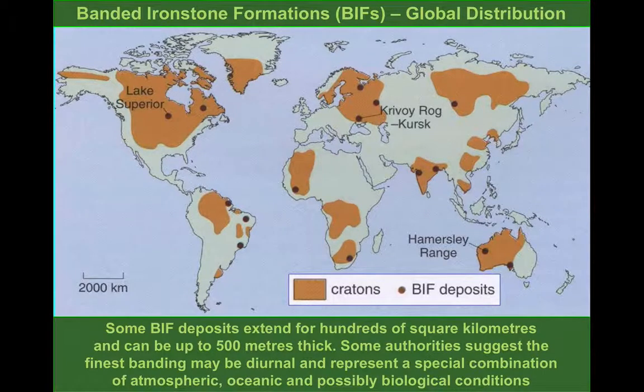Now, banded ironstone formations are, because of the nature of how they form, confined to these ancient areas of continental crust, the continental shield or cratons.